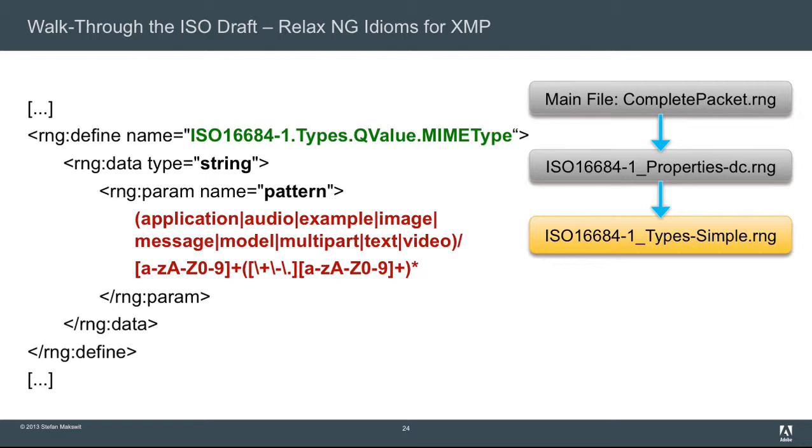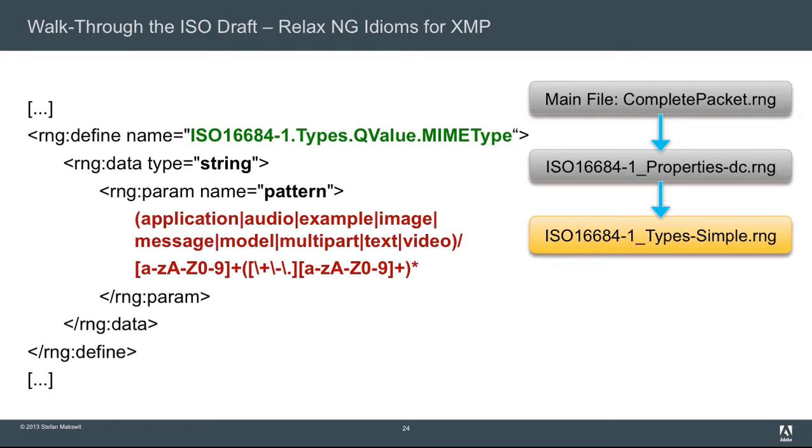The data type for the simple type is a string, and on the string is a constraint of type pattern. There are several other ones. For example, for integer we have min and max and all these kind of parameters to the types. And in this case, it's a simple regular expression.